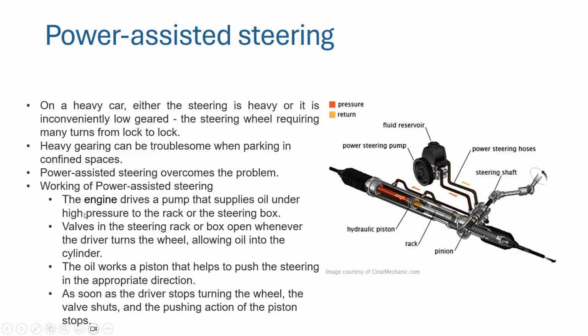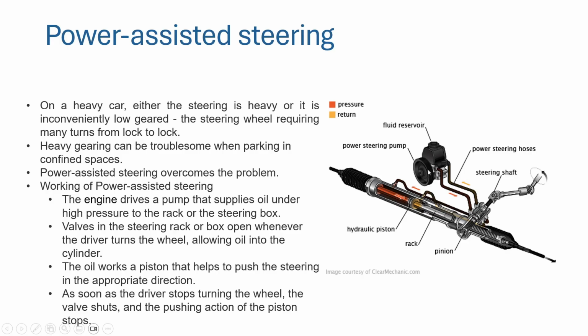So how does it work? The engine drives a pump that supplies oil under high pressure to the rack or steering box. You can see that there is a fluid reservoir and there is a pump. When the engine is running and your steering action is done, it will activate the power steering pump.